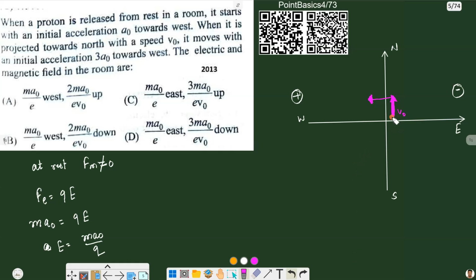So if we see the directions here, we have velocity, and we are assuming east as the x direction, because these two are both in the plane, and north as the y direction. Let me draw so that you can get an idea.